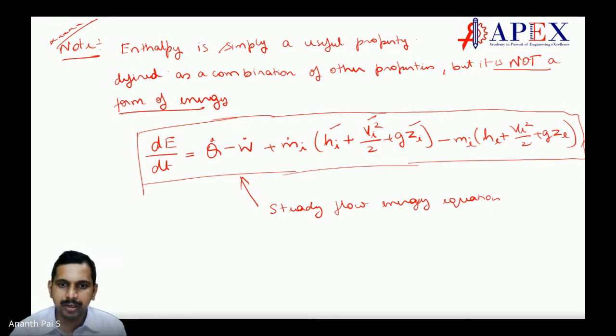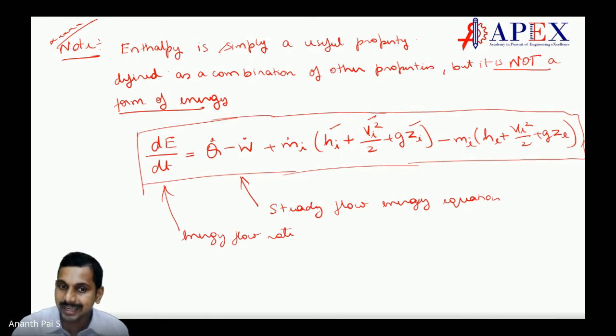And everywhere we are worried about energy. What is the energy we are taking? Energy flow rate. First thing. Second thing is that this is the total energy flow rate.